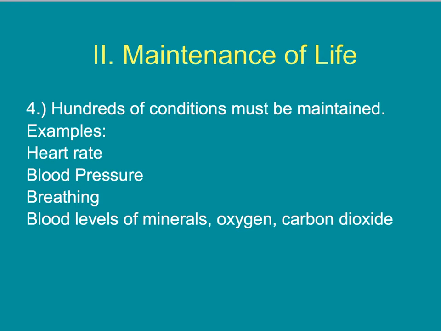In order for your body to continue maintaining life, hundreds of conditions must be maintained. Things like heart rate, blood pressure, breathing, and also blood levels of certain minerals, oxygen, and carbon dioxide must be within a certain range. For example, blood pressure. Perfect blood pressure should be around 120/70.